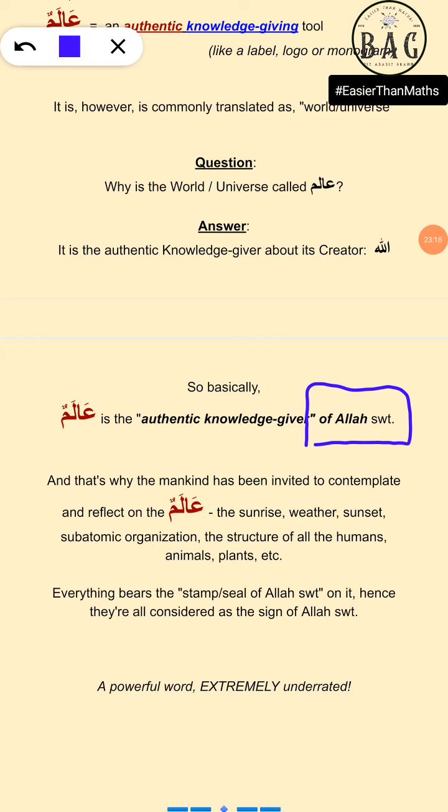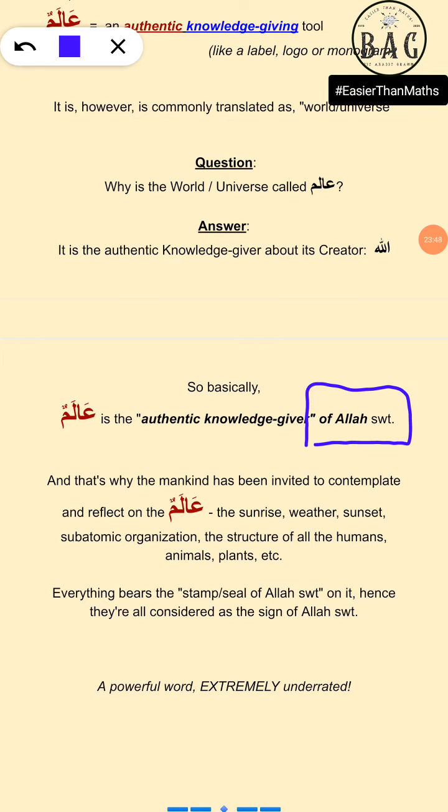Then we put those root letters in the pattern of Fa'alun, and that gave us the translation of an authentic knowledge giving tool. Then we thought, knowledge giving tool about what? Whose knowledge are you giving to us? Of course it can only give us a stamp or a logo or a monogram, it can only give us the information about its creator, the one to whom that thing belongs.